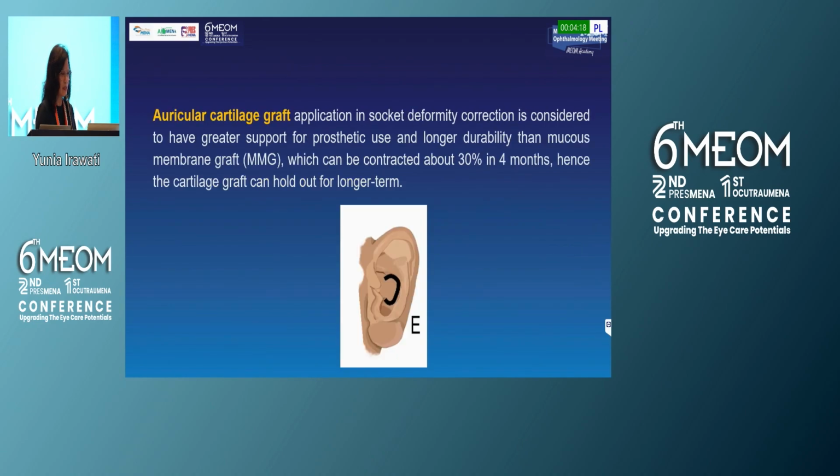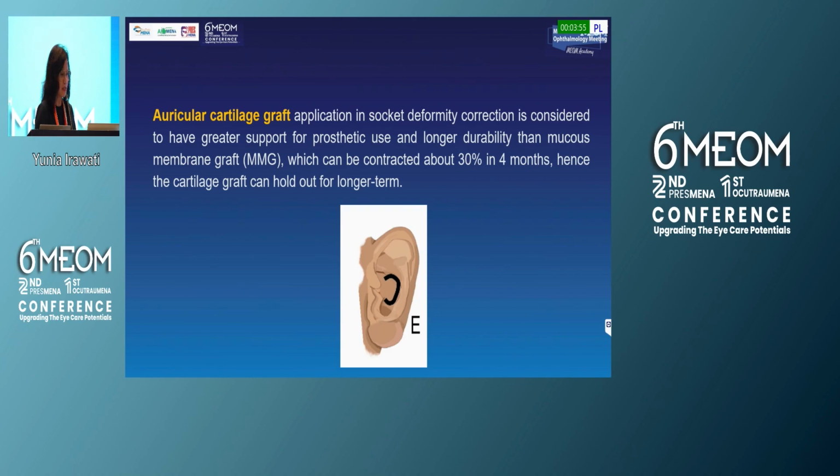And here I use auricular cartilage graft for socket deformity correction, considered to have greater support for prosthetic use and longer durability, compared with mucous membrane graft, which can contract even 30% in 4 months.